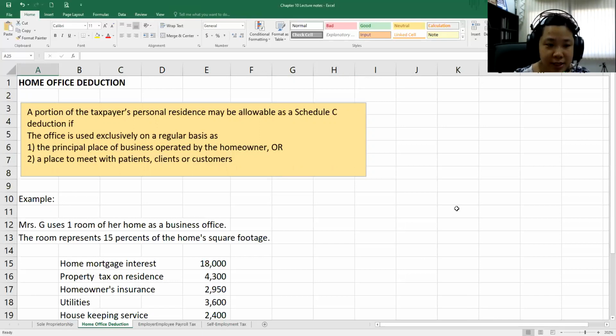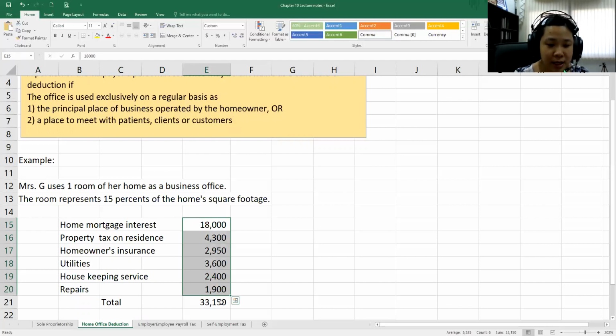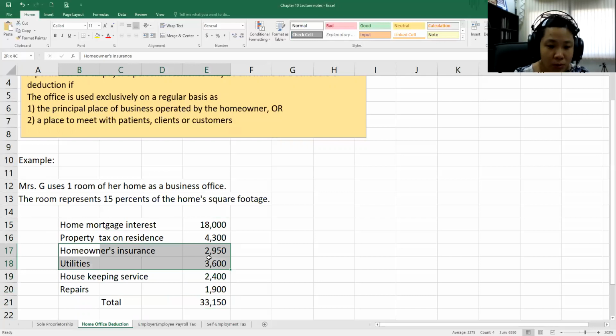Okay, let's look at the example here. Mrs. G used one room of her home as a business office. The room represents 15% of her home's square footage. So these are the expenses for her home: home mortgage interest, property taxes on residence, homeowner insurance, utilities, housekeeping service, and repairs.